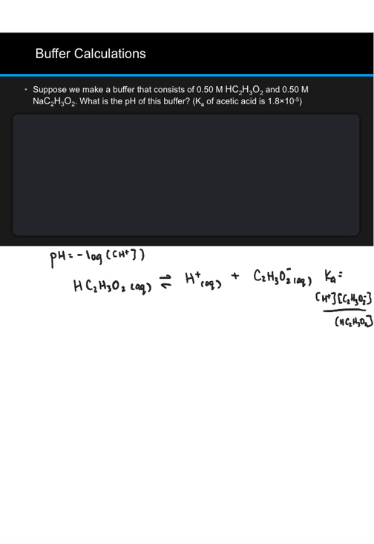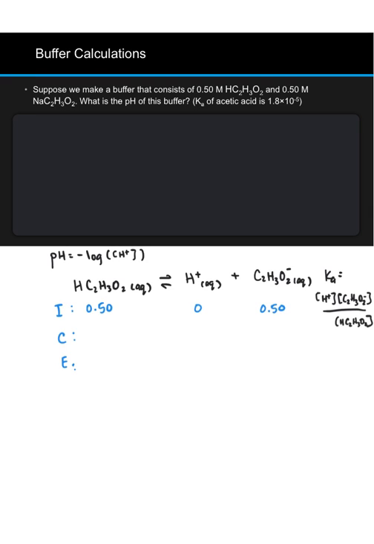We can generate an ICE table for this reaction and recognize that initially we have 0.5 molar acetic acid, but we also have 0.5 molar sodium acetate. The only thing that we have effectively zero of is H plus cations.